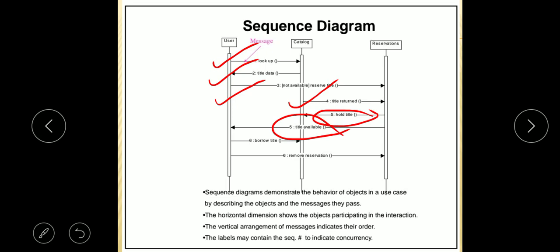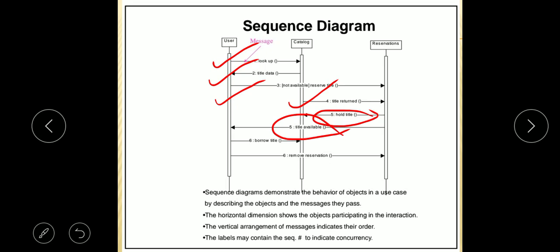Because it indicates that these messages are passing from one object to another object at the same time, or they are in the same time sequence, and they are happening at the same time. So to show that both of them are happening within the same time, they will be numbered with the same number, that is 5.